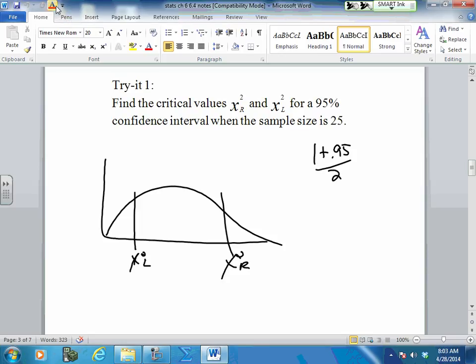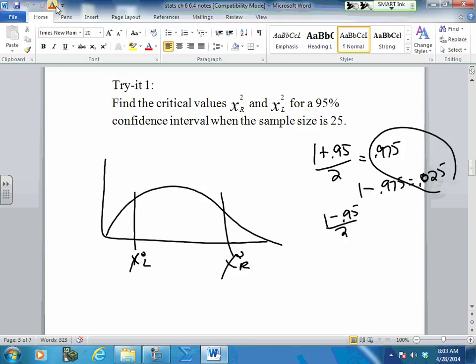Okay, so Samantha decided to add this and divide by 2. And you got what? 0.975. And then what did you do? Subtract that from 1. Good. She subtracted this from 1. She could have done the 1 minus 0.95, but why go through that when it says its complement? 0.025. These are the tops. This is what she needs to read from the top.